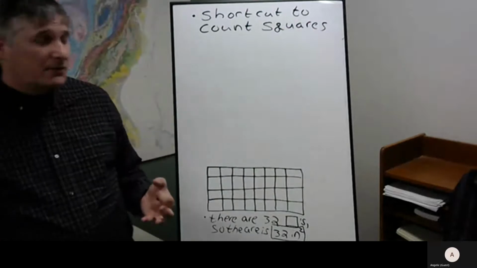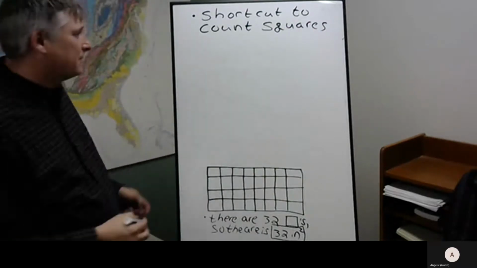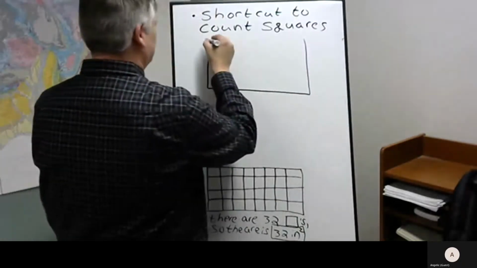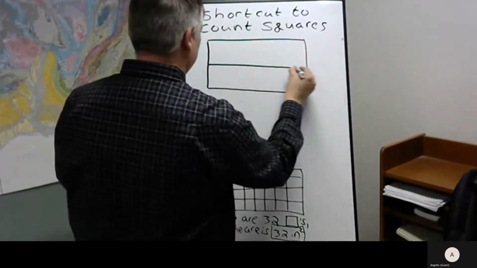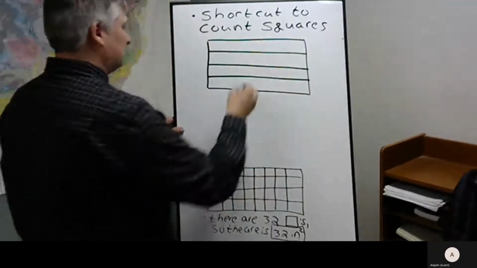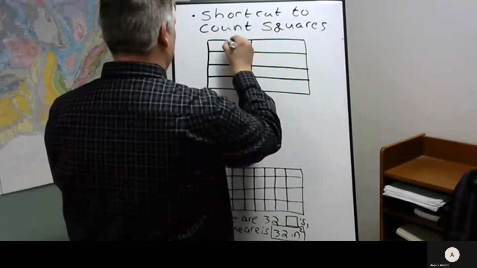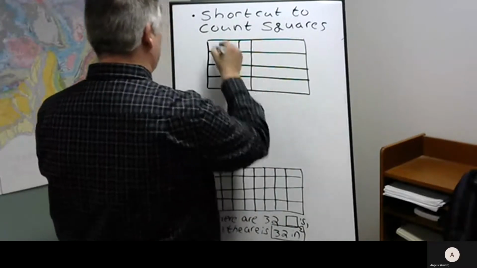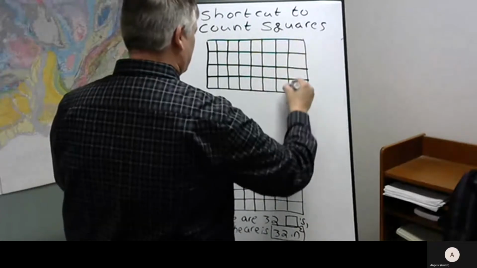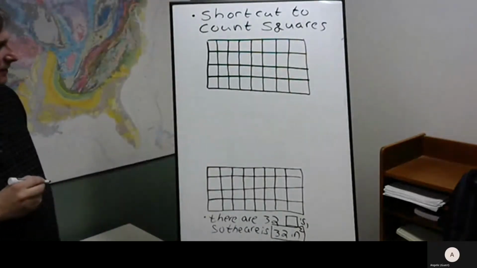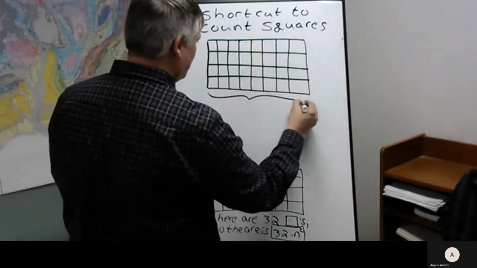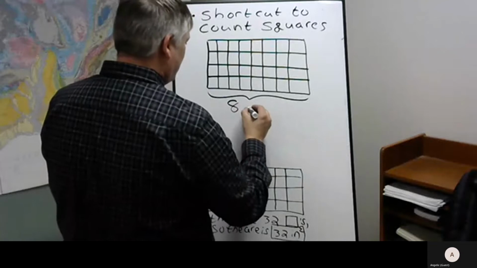So use a shortcut to count these squares. So we're going to notice this. What we're going to notice is on the bottom, there are 8 squares.